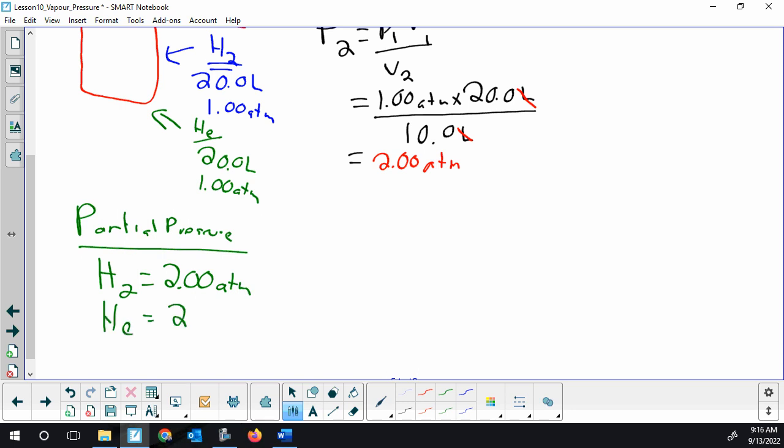Helium is also 2 atmospheres. Dalton's law tells us the total pressure. I'm not even going to write out the formula. The pressure is just the total of all the pieces, 2 plus 2. Each gas is 2 atmospheres. The two of them together would be 4 atmospheres.